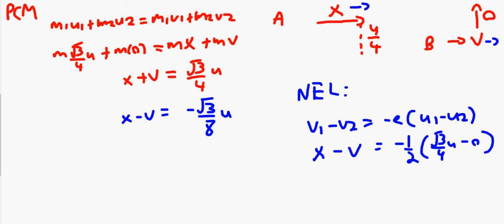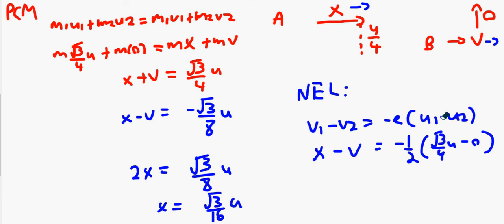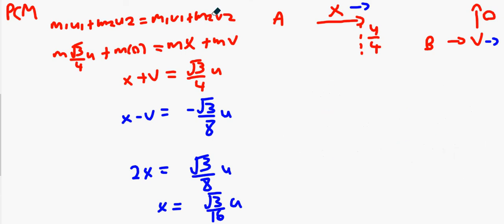Okay, and we're going to figure out what the x value is first. We're going to get 2x equals root 3 over 4 u plus root 3 over 8 u, and then we're going to get x equals root 3 over 16 u. Okay, and what we're going to do next is figure out what the v value is.